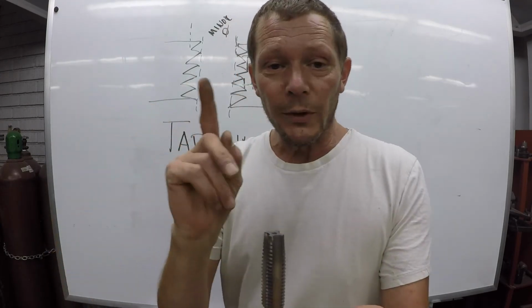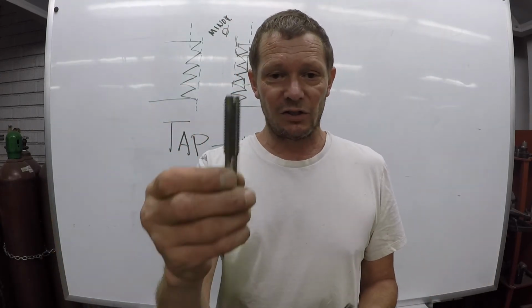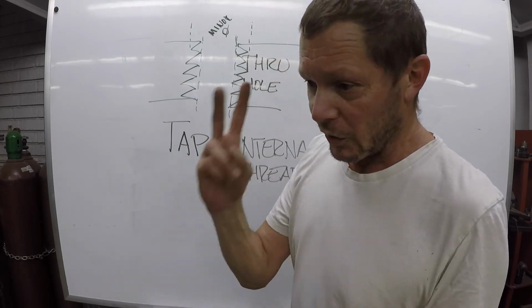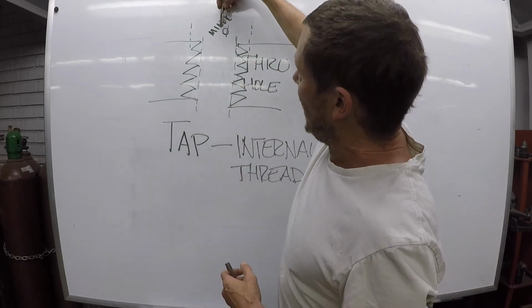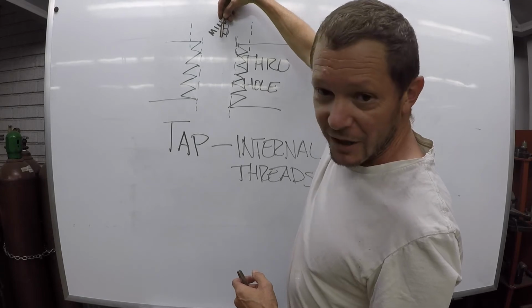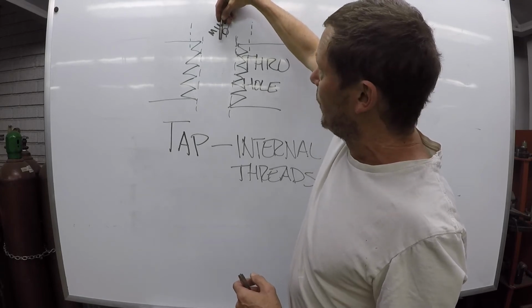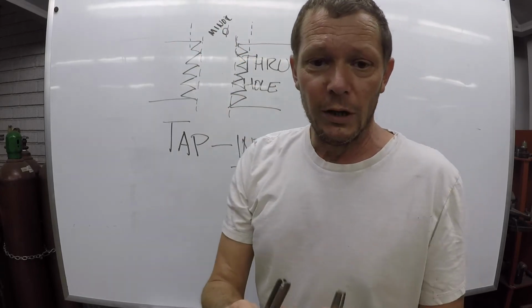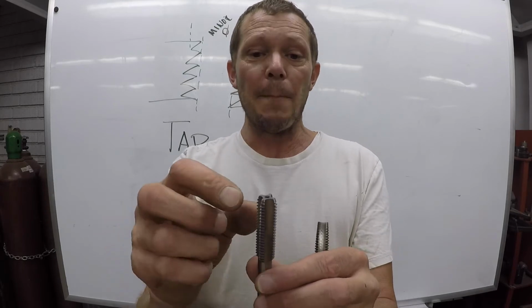The reason is, if I try to start with a bottoming tap, as I drive this by hand through my hole, it's really aggressive. It's trying to cut the full thread, and definitely over time, it will break one of these teeth. It's too much to cut all at once. We need to do it gradually, and that's why we use this taper tap.